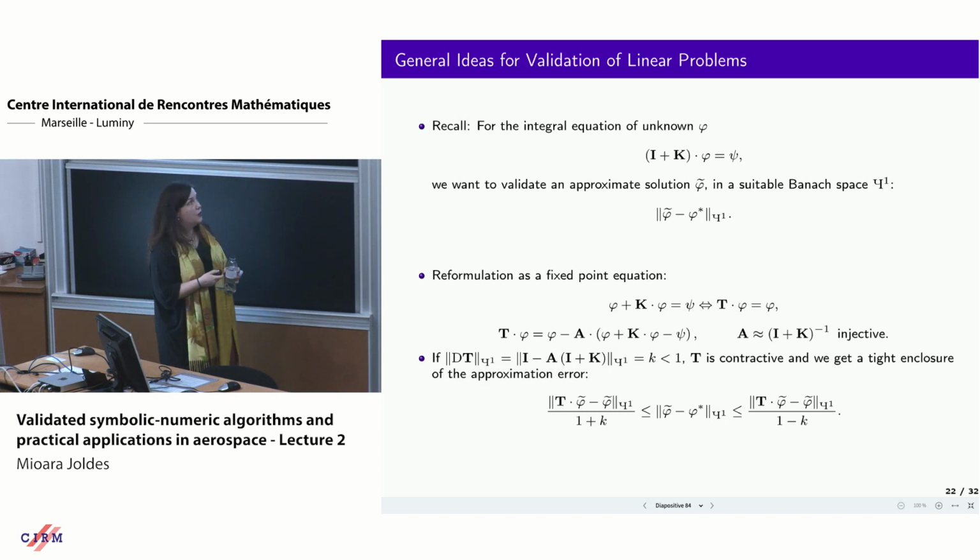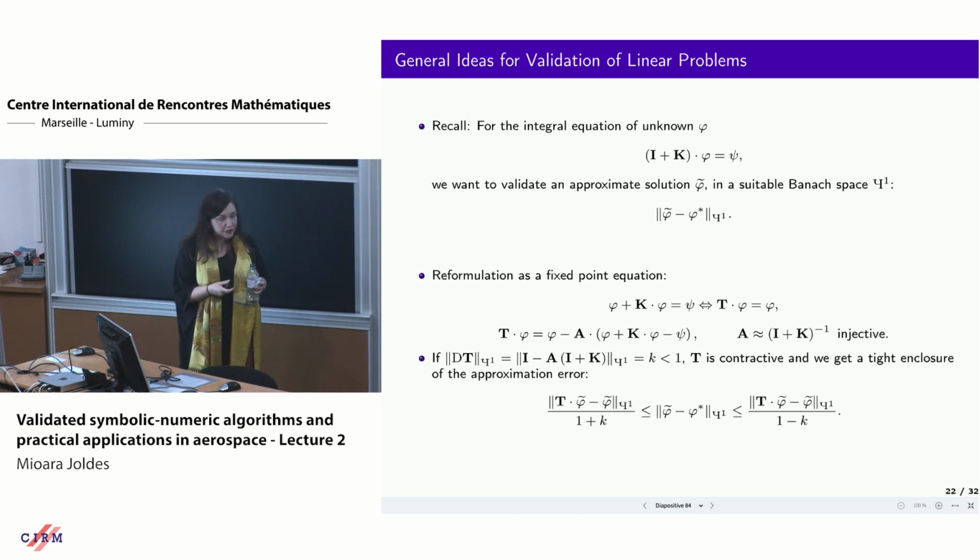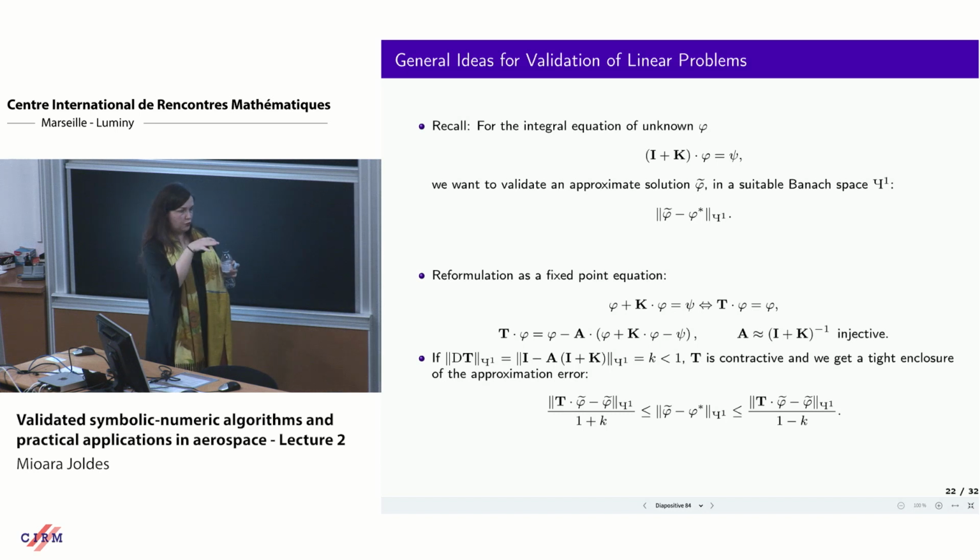So I have to build a nice procedure, a nice algorithm, in order to be able to bound all the tail coefficients in my operator and have some bound K that is less than 1 in order to prove that this operator is a contraction. Okay, so if I can do that, then I use Banach, and I have two bounds for the numerical equation.